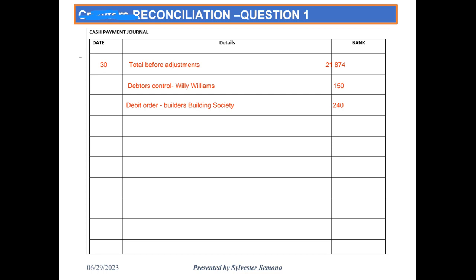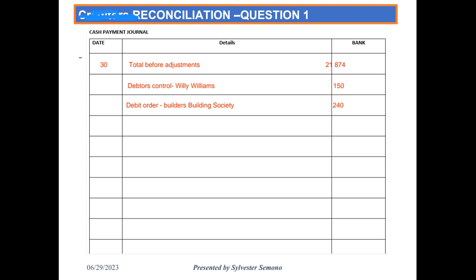So you were supposed to record the debtors control. Ask yourself, what is debtors control to you? Debtors control is an asset. They increase on the debit side, they decrease on the credit side.